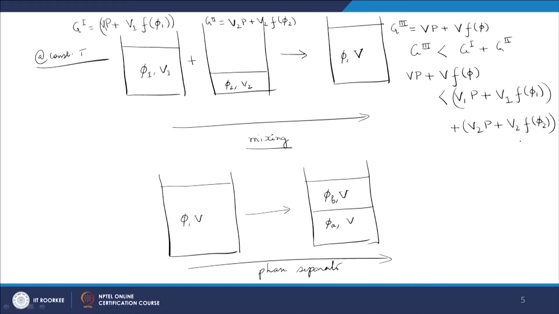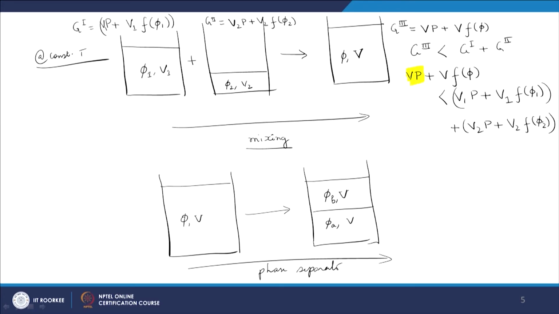The first thing to note here is, since the volumes are assumed to be constant, when I add them together, V1 plus V2 becomes equal to V. That means a specific volume is assumed to be constant. So, what this means is I can cancel out these three terms, and what I am left with is basically a term containing only the Helmholtz free energy density.